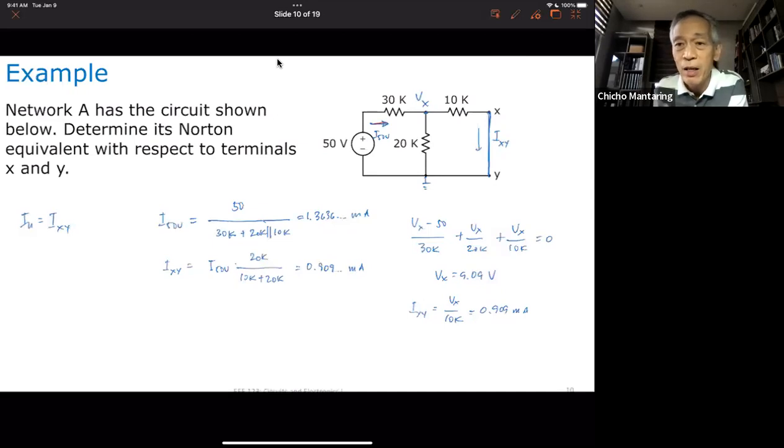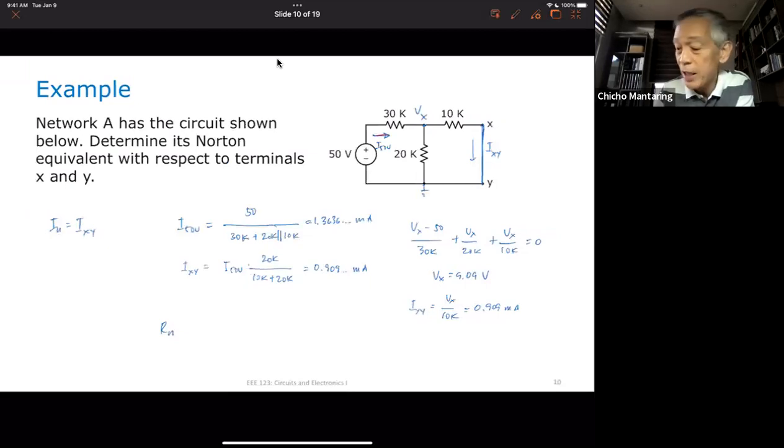I always tell my students, when all else fails, do nodal analysis, because that should be your go-to technique pag hindi na nyo alam kung anong technique ang dapat gamitin. When all else fails, do nodal analysis. But by all means, you can do this type of analysis. Okay, what is going to be the value of RTH? Of RN, sorry, RN.